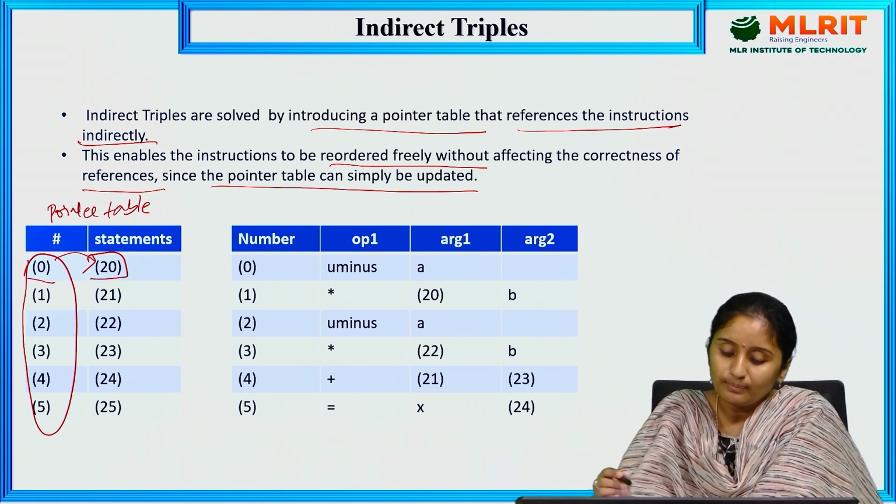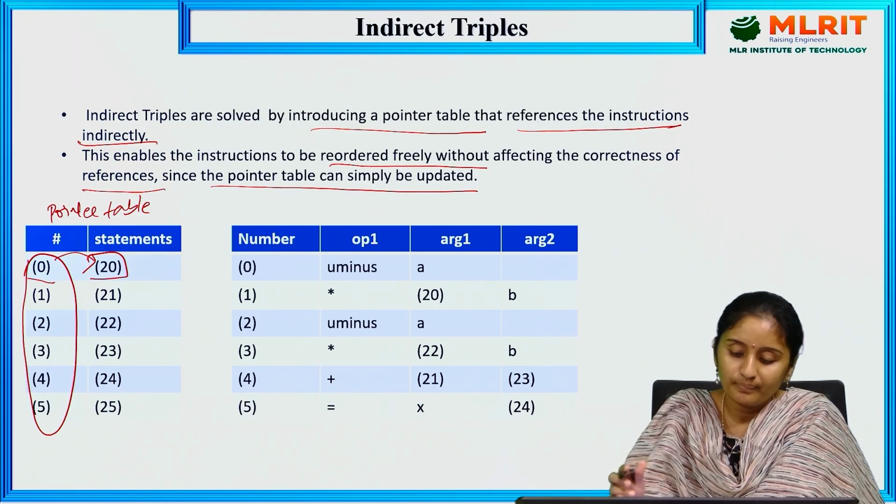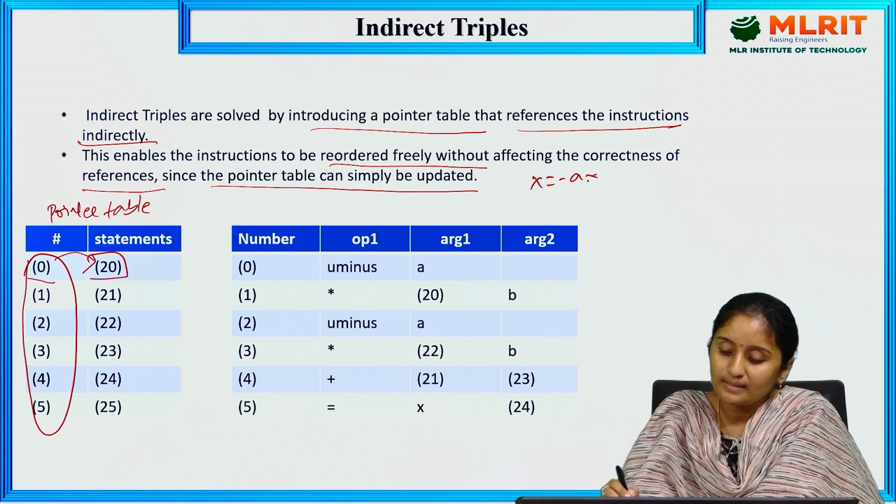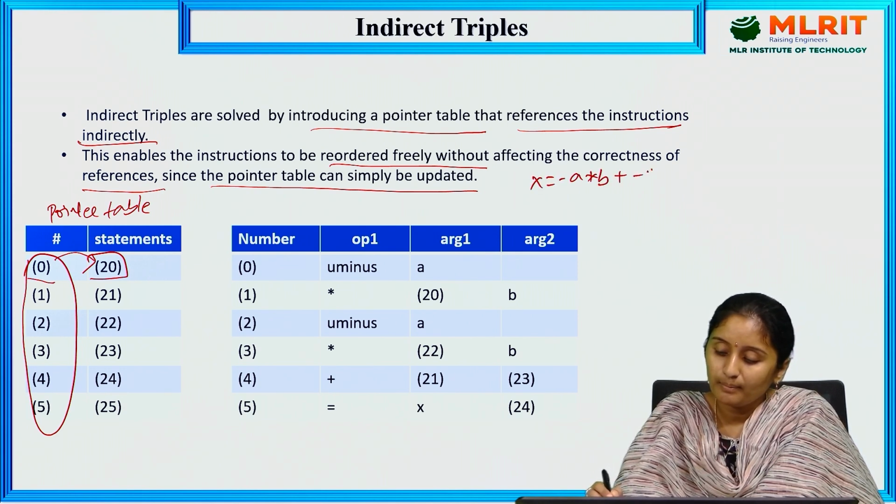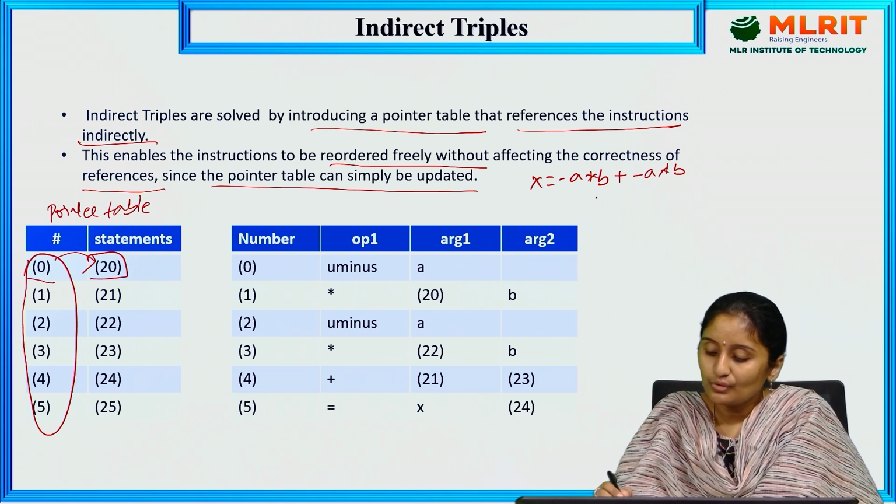So here, let me take the same example: x equal to minus a into b plus minus a into b. What we are going to do here is, this is stored at the 0 index.